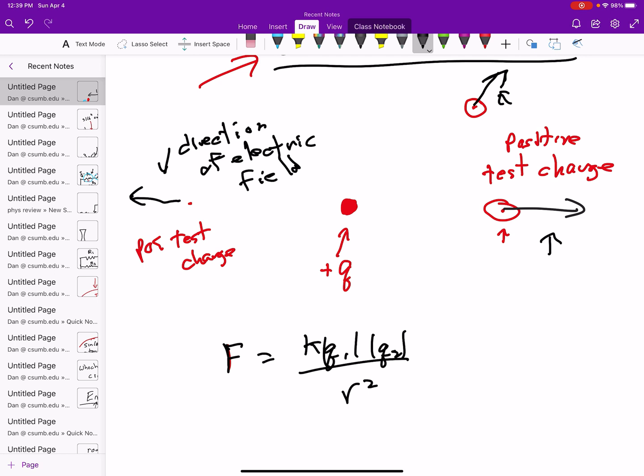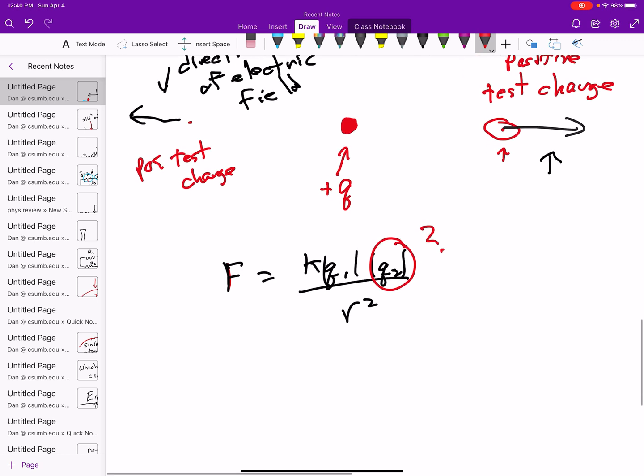But if there isn't another charge here, what are we supposed to do? We can't find a force. There isn't a force to find. But what you could find is the electric field, and that tells you what size force a charge would experience if you knew the size of that charge. So if you knew Q2, you could find the force.